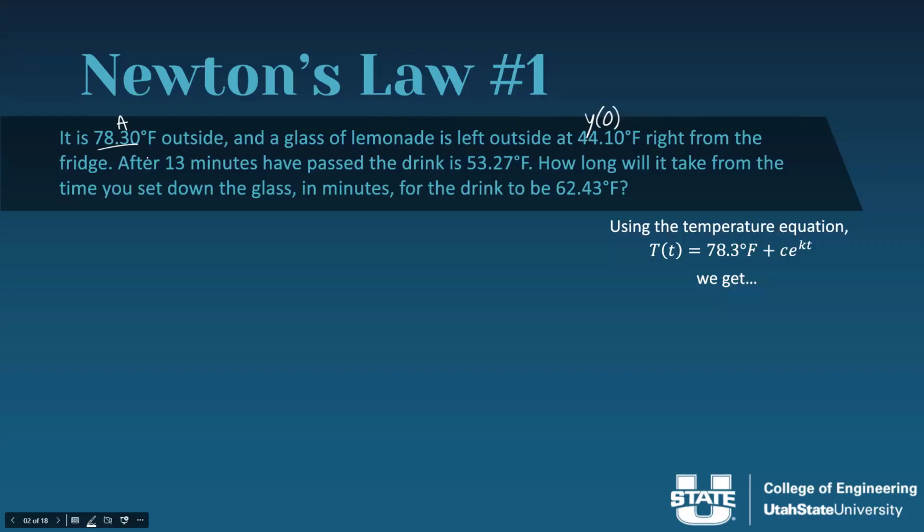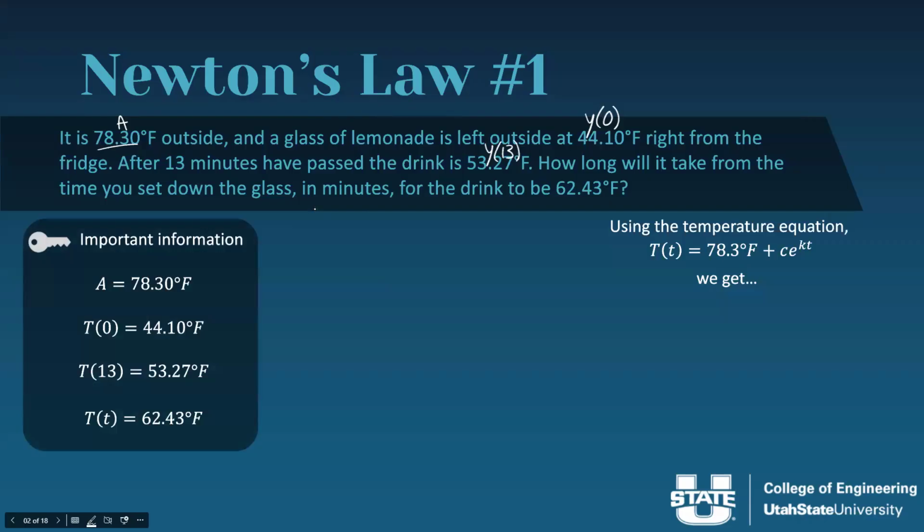And then 13 minutes are going to pass, and then the drink is a different temperature at y13, right? And then what are we going to solve for? We're going to solve for the time it takes for the drink to be 62.43 degrees Fahrenheit. And then those are all listed out to the side. So these are the things we want to keep track of that we're going to use throughout the problem.